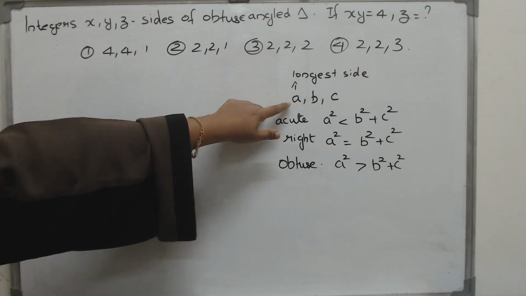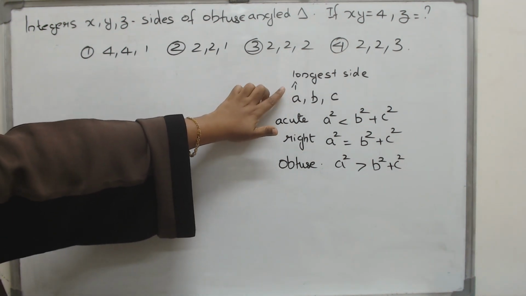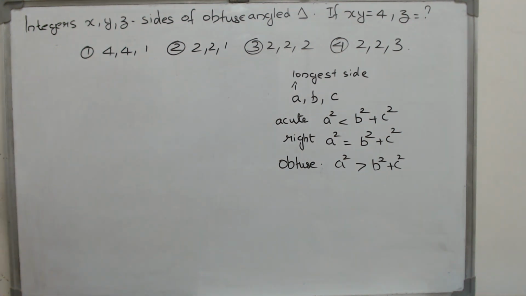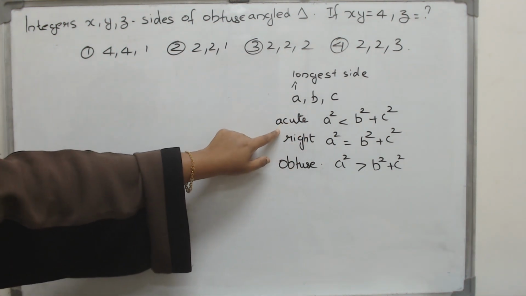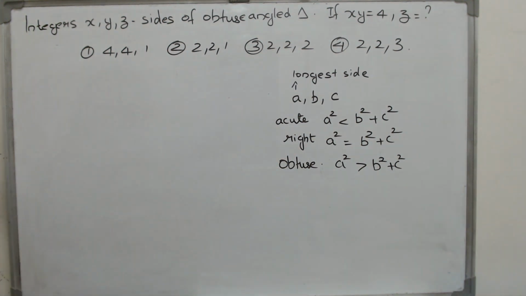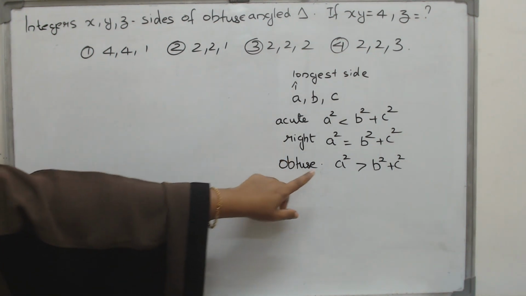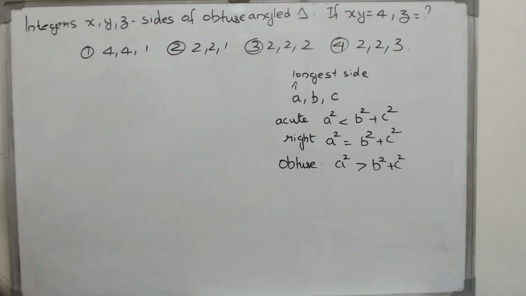If A, B and C are the sides of a triangle and A is the longest side, you have to see how A square is related to B square plus C square. If A square is less, you have an acute angled triangle. If A square is equal to B square plus C square, which is just the Pythagoras theorem, what you get is a right angled triangle. But if A square is greater, what you get is an obtuse triangle.